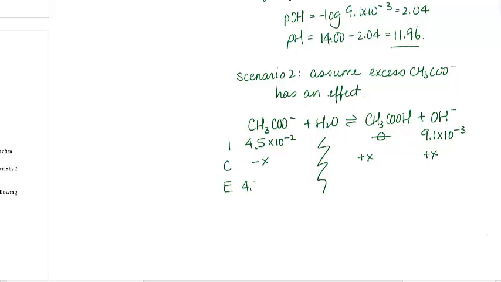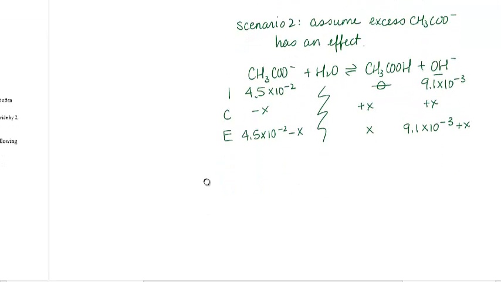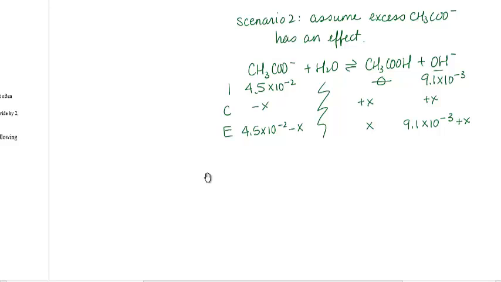So you end up with 4.5 times 10 to the minus 2 minus x. Then you're going to just have x, and then you're going to have 9.1 times 10 to the minus 3 plus x. Because we generate a base, we're now going to need to use the Kb expression in order to calculate the x that is generated.